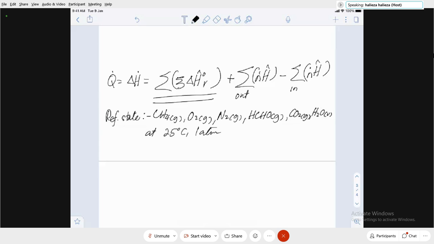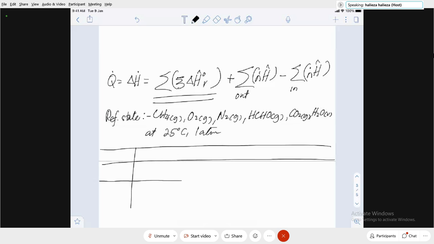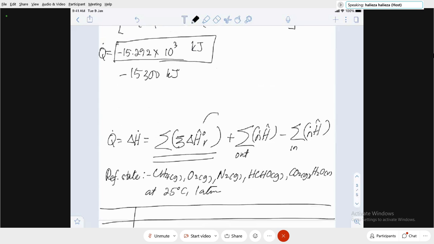So when you do this, it's sort of the same, but you don't have the heat of formation. You only need the heat of formation in order to get your heat of reaction. You take the products, their coefficients and heats of formation, minus your reactants, their coefficients and heats of formation.